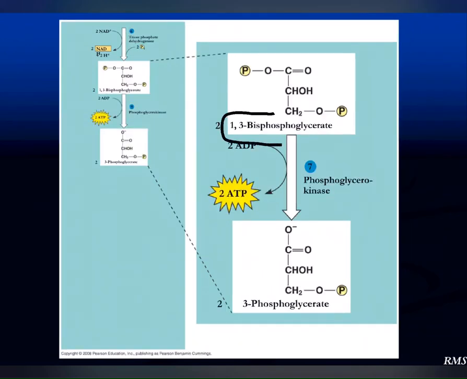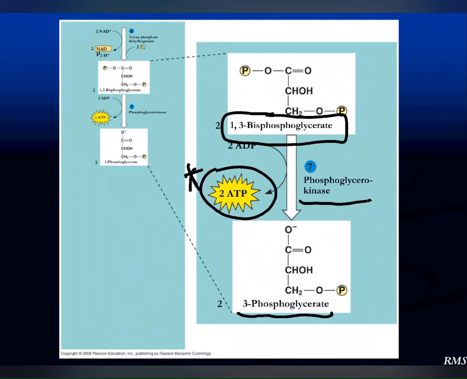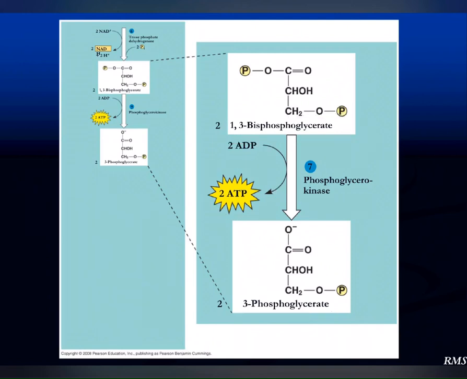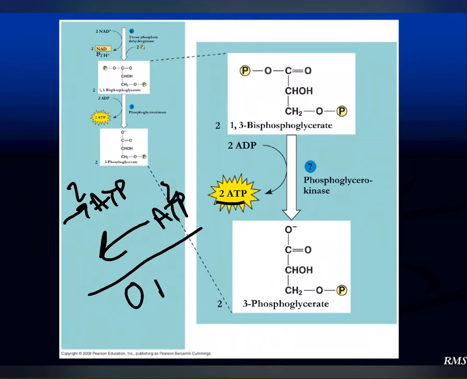We take the 1,3-bisphosphoglycerate using an enzyme called phosphoglycerokinase, and convert that to 3-phosphoglycerate. But here's something, 2 ATP come out. But what to keep in mind is that we've put 2 ATP in so far. So 2 have gone in. Right now we've gotten 2 ATP out. So our net total is 0 ATP as of this moment.